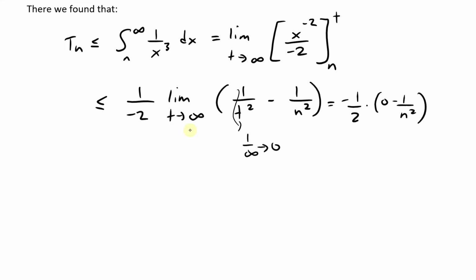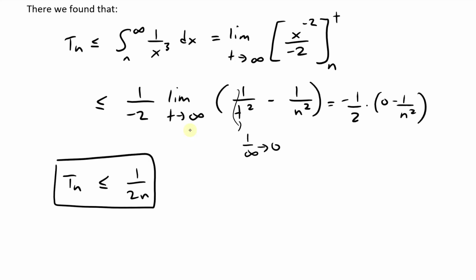The negatives cancel, so Tn is less than 1 over 2n squared. I'll circle this. The remainder is less than 1 over 2n squared.